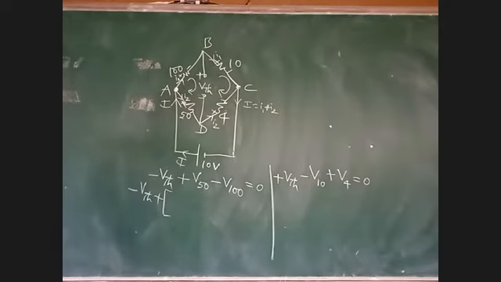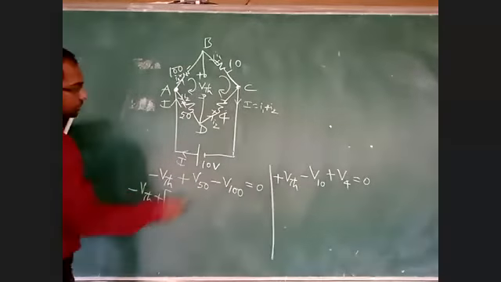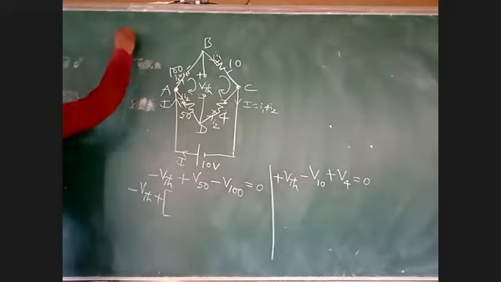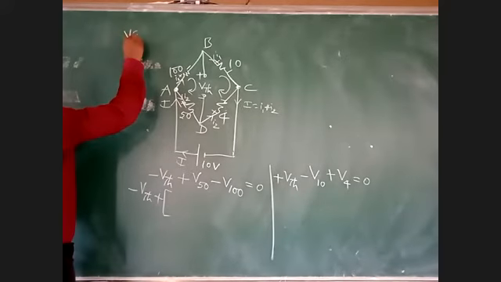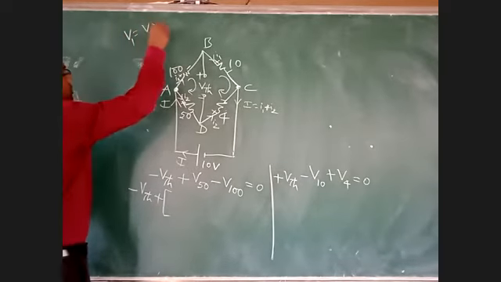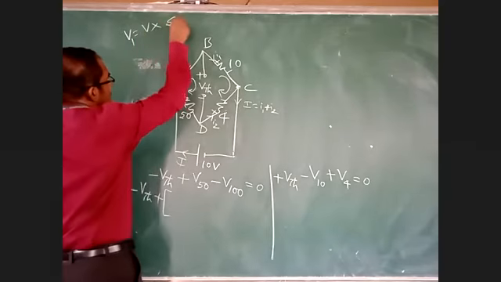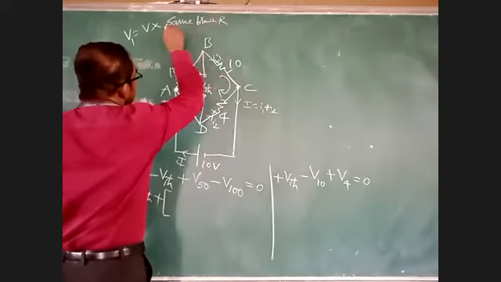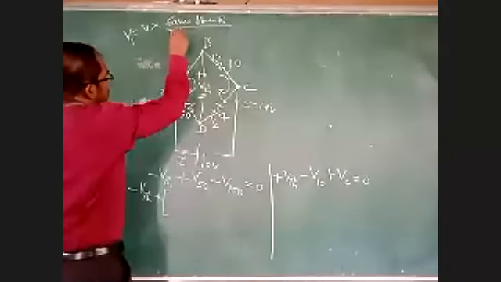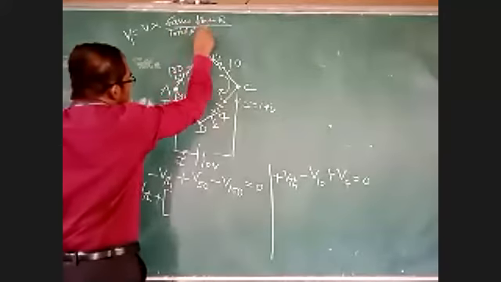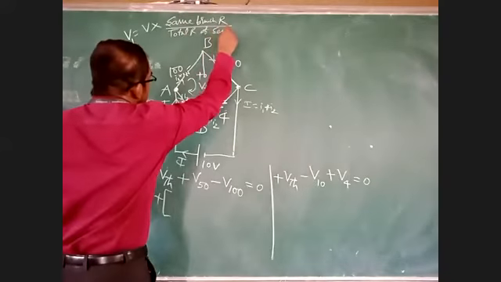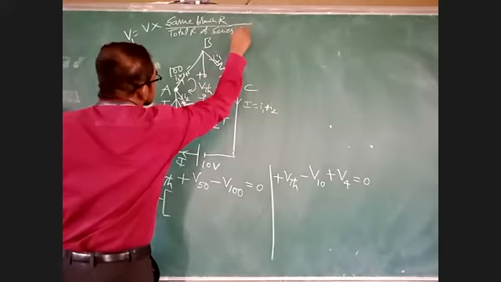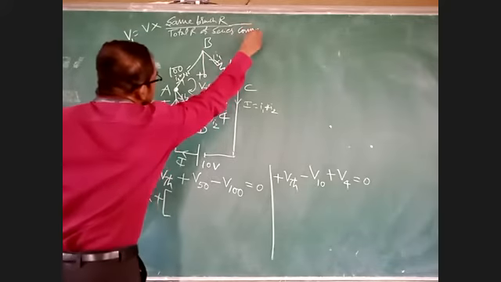What is the formula? Voltage in any branch is equal to total voltage into same branch resistance by total resistance of series connection.